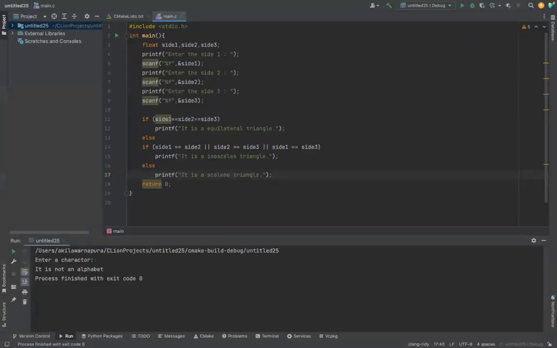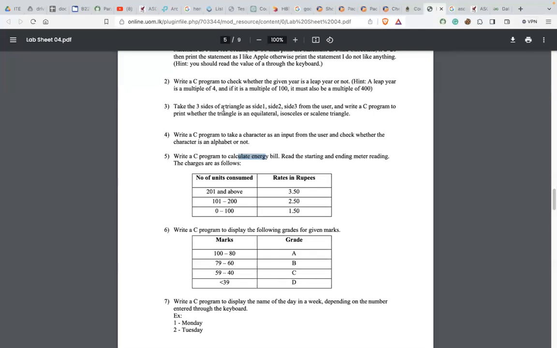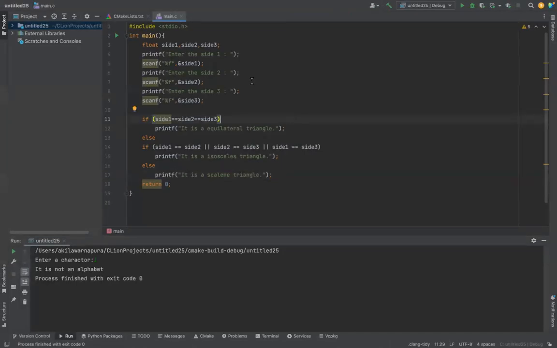So this is about the side one, that means question number 3. Take the 3 sides from the user and check whether the triangle is equilateral, isosceles or scalene. And this question says for the above, when the 3 sides are equal, it returns isosceles triangle. Here you are taking the float.